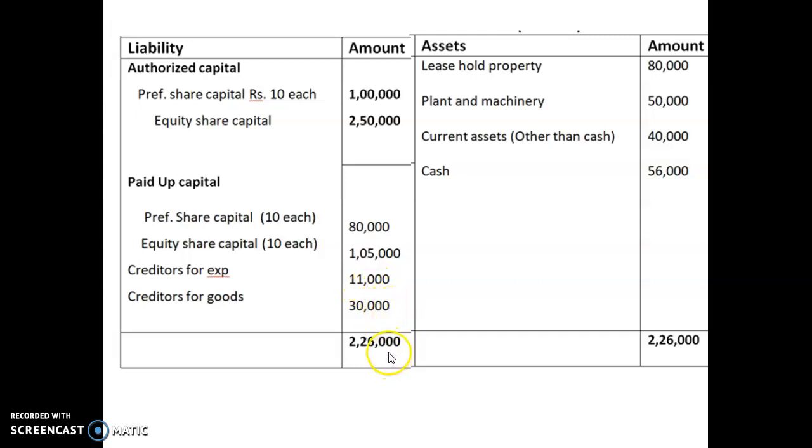So the total is 2,26,000. All other items, goodwill, profit and loss account, fictitious assets, share issue expenses, are removed from the balance sheet as they are written off. So this is the balance sheet of the company after its reconstruction.